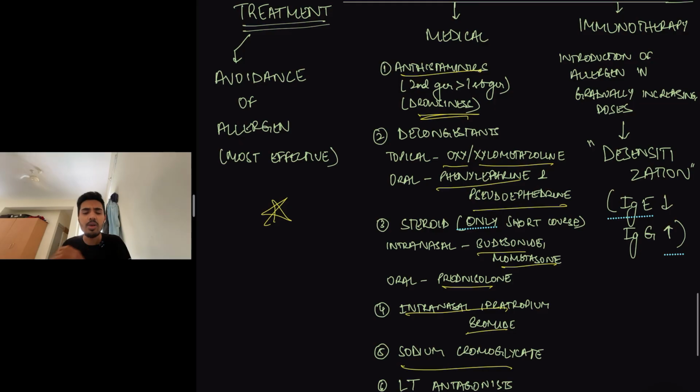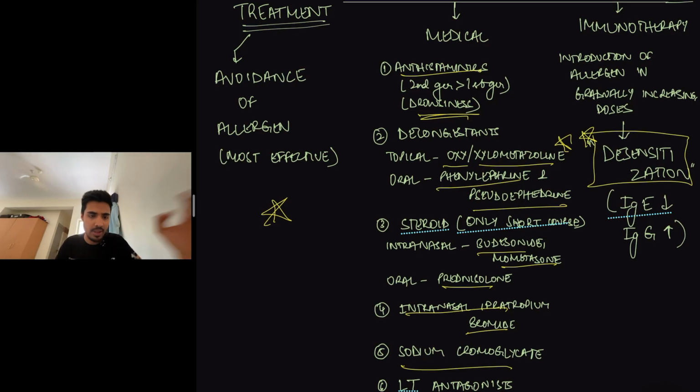And another way to completely reverse your allergic rhinitis is by something known as desensitization therapy, which is more and more popular these days. What they do here is they gradually introduce the allergen into the patient in slowly increasing doses. So eventually what happens against this allergen, in the patient's body, the antibody class switches from IgE to IgG.